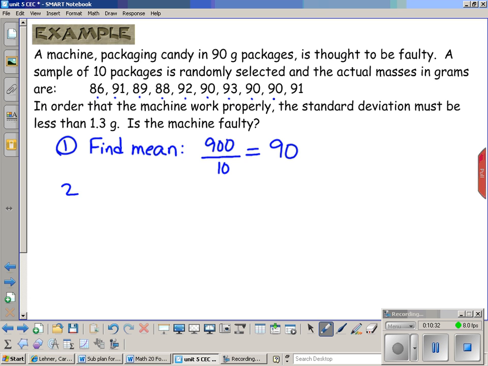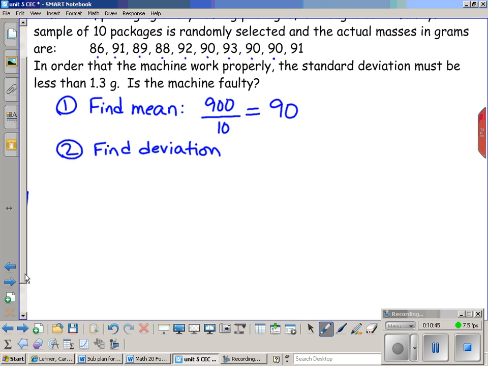So now what we need to do, in order to find standard deviation, the next thing we need to do is find the deviation. So our packages are, it's easiest to set this up in a chart form.